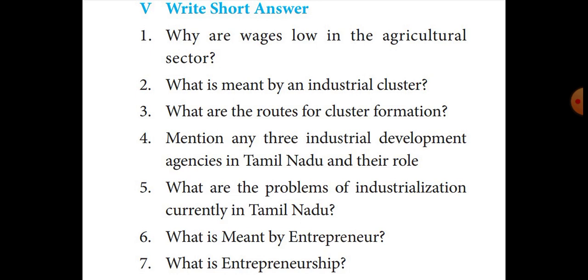That you underline. That means the question is: Tamil Nadu has 27 industrial clusters. One word question. That also you underline. All these one word questions you prepare and write in your note.